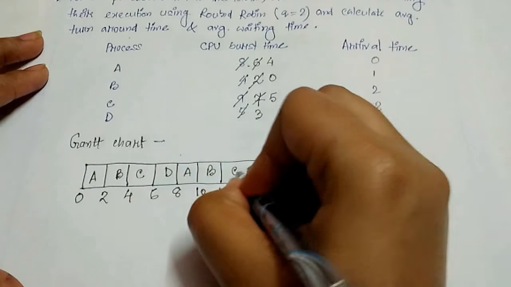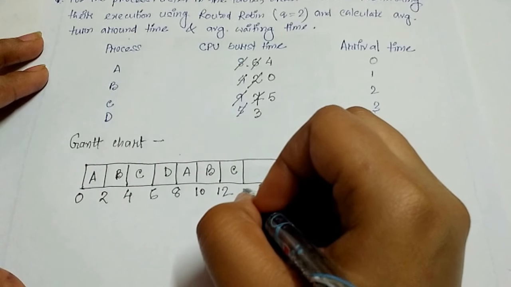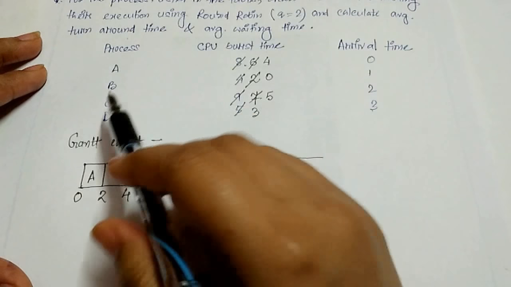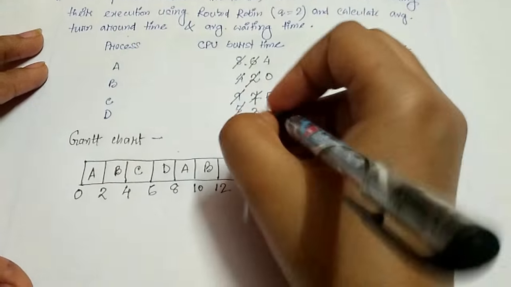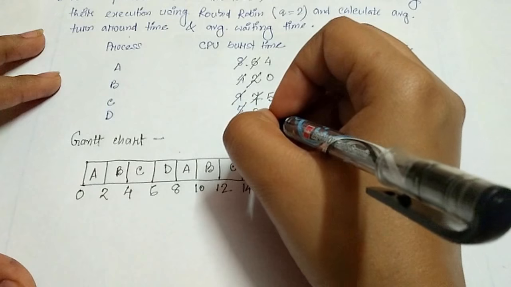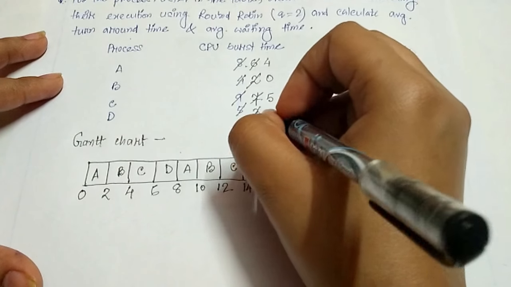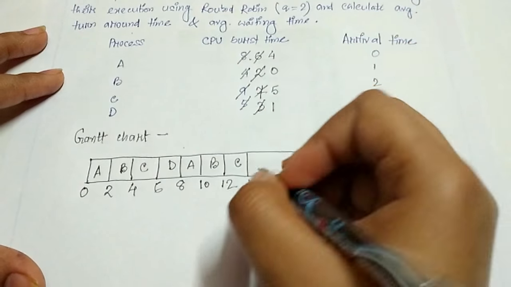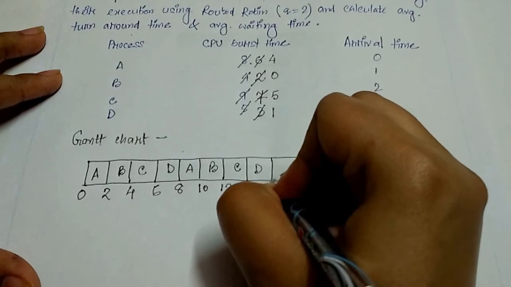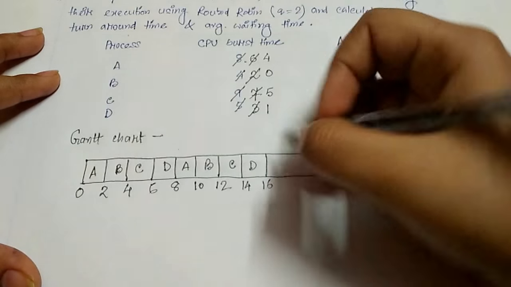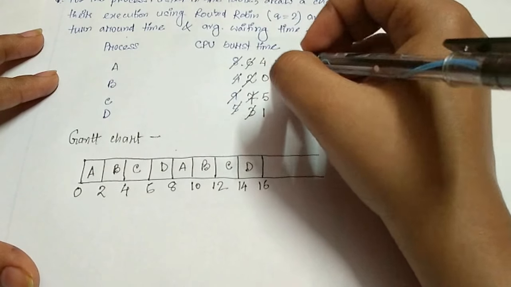Process C here, and 12 plus 2 is 14. Now comes process D. If we take 2 from 3, 1 will remain. D, that is 16. Now repeat from the beginning.